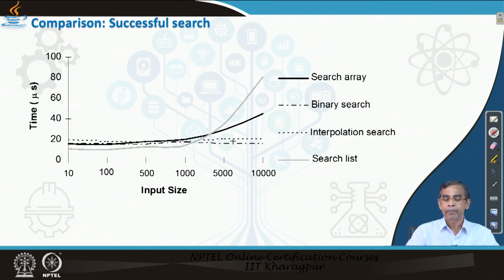On the other hand, this is the interpolation search, and this is the time required for the binary search. As we see, the interpolation search takes a little more time than the binary search, and binary search is very fast, although its complexity is log 2 n.